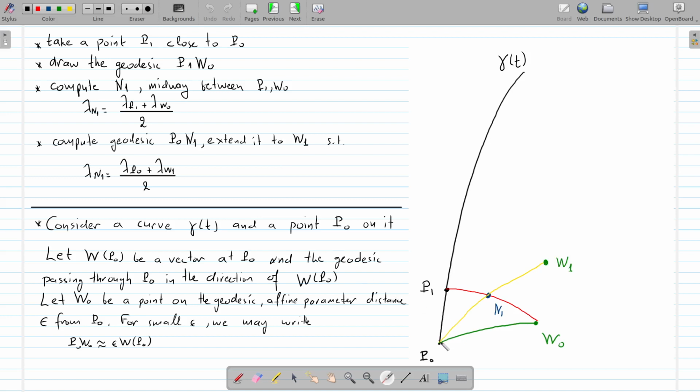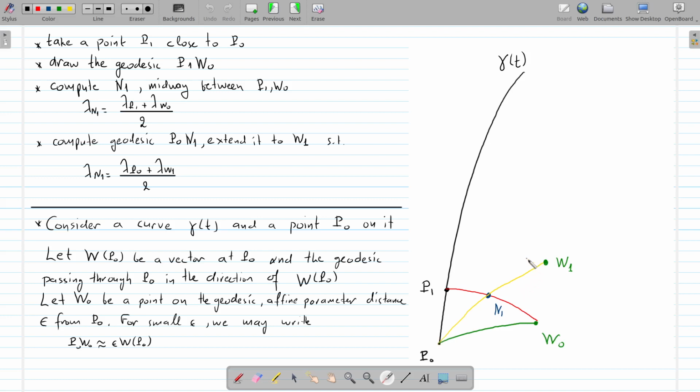Now we can draw the unique geodesic that connects P0 and N1. We know all geodesics, therefore we can choose this among all possible geodesics in the manifold. And now what we do is we extend it to reach point W1 so that N1 is midway on that geodesic between P0 and W1.